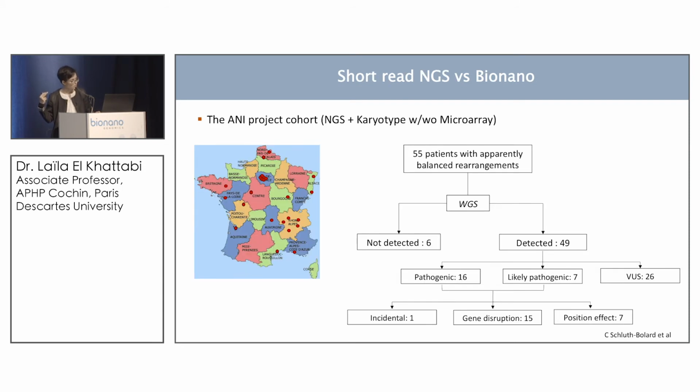The last examples are about this cohort that has also been sequenced by Illumina whole genome sequencing. This cohort of 55 patients led to detection of 49 out of these 55 abnormalities by whole genome sequencing, and 6 of them were not detected. So we picked some examples, 9 from here that we ran with Bionano, and 4 from these.